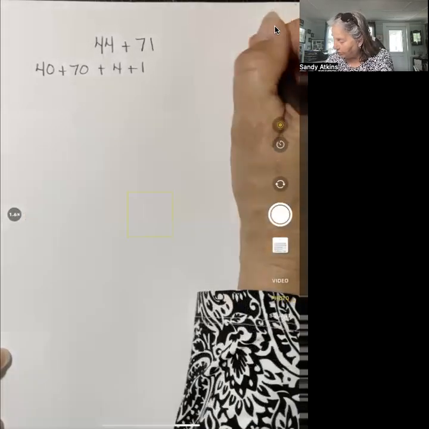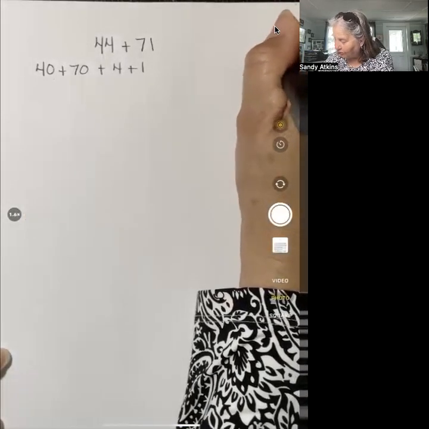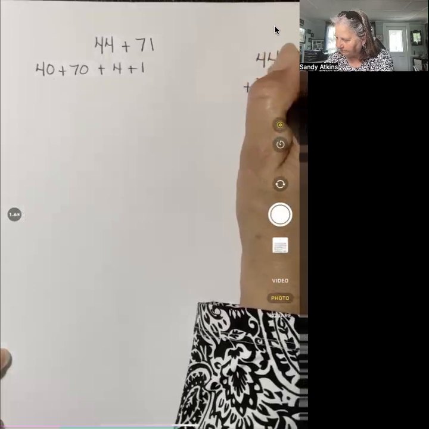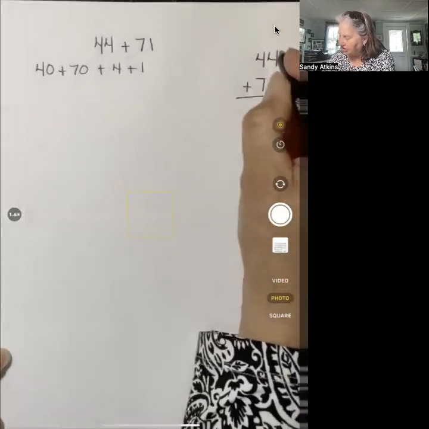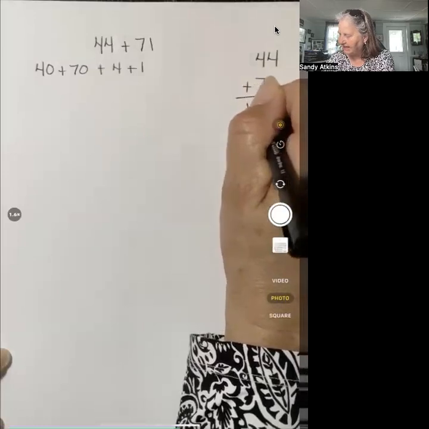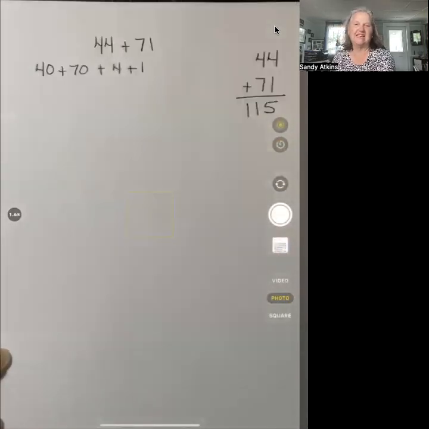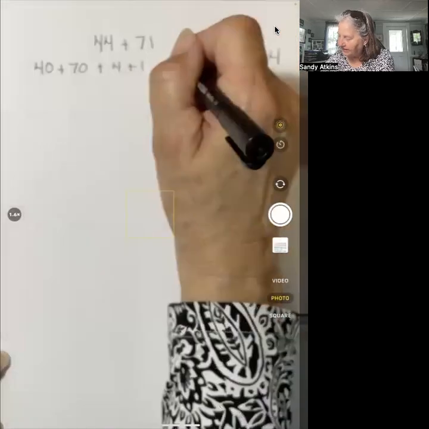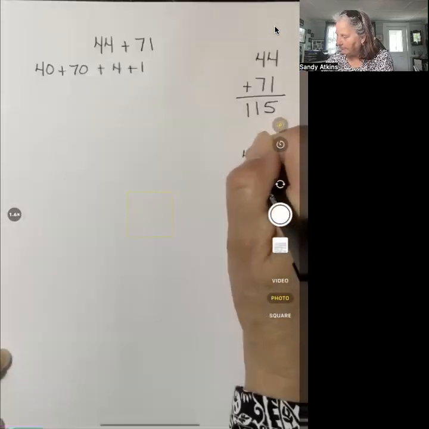Now, you may see terms like partial sums. So if I were to write it this way, vertically, you might see your child do something where they have 5 ones and 11 tens. Or they'll have a different way.